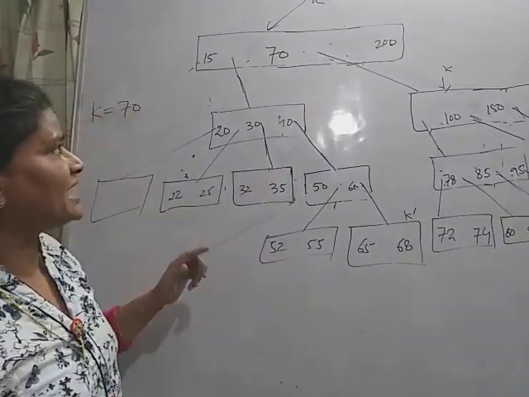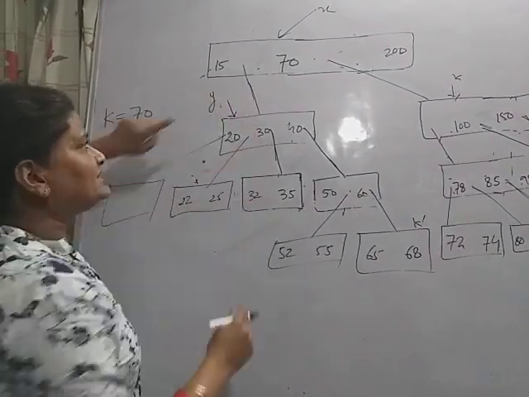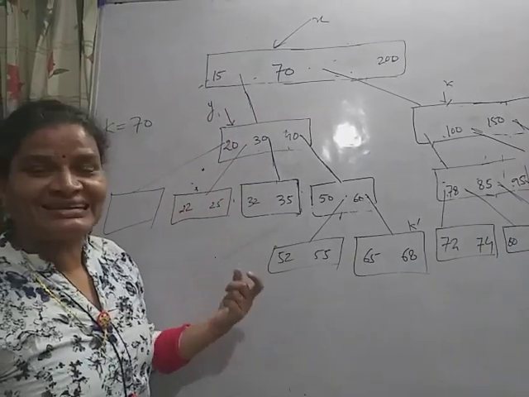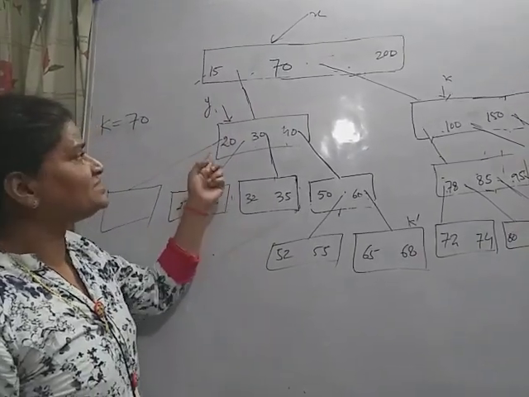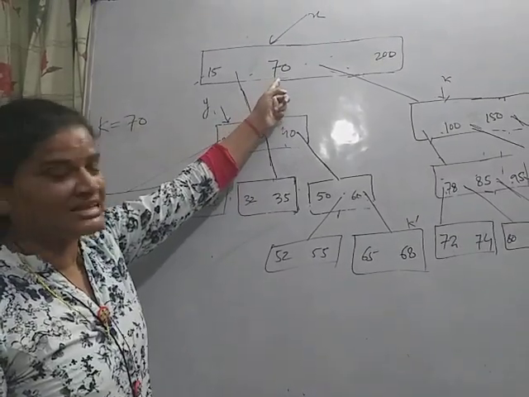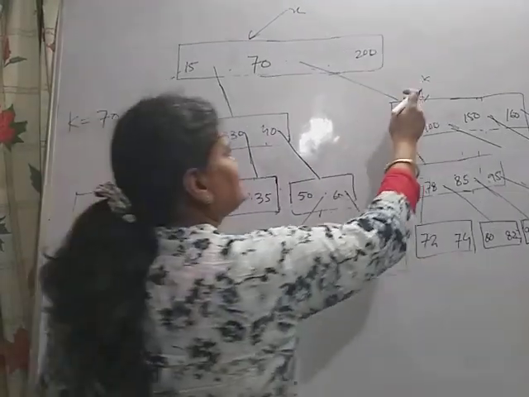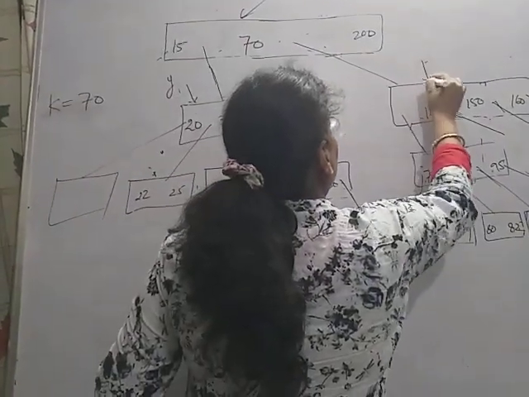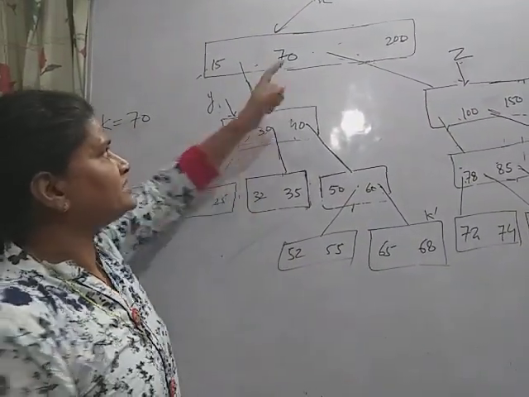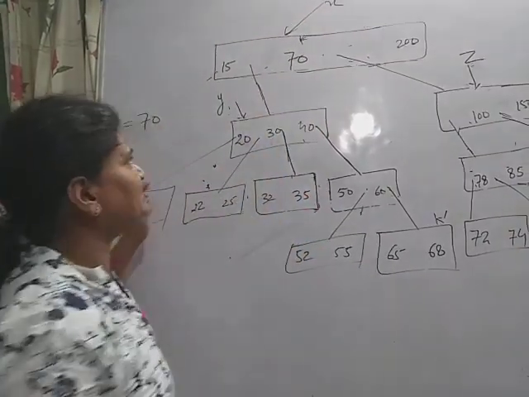The first case is that if the child y that precedes 70 contains at least t keys. The child y precedes k, here k is 70, and this is the child z that follows k. So what is to be done?